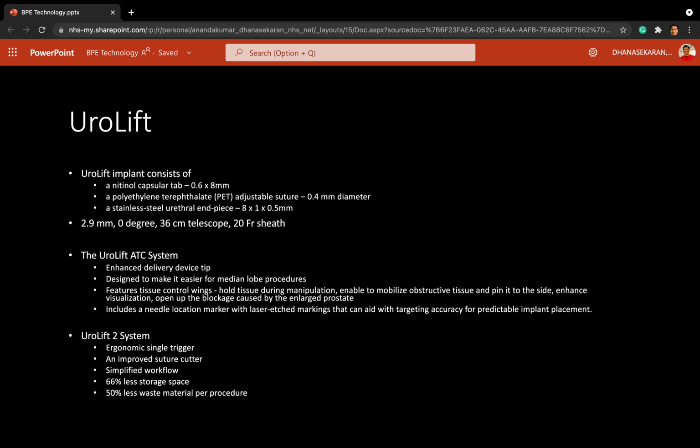Yeah. Good. What other minimally invasive surgical options are available? Say for example, you said UroLift. How does UroLift work? This works on the basis that the lateral lobes of the prostate are pinned back laterally away from the urethra using implants which consist of two tabs at either end.